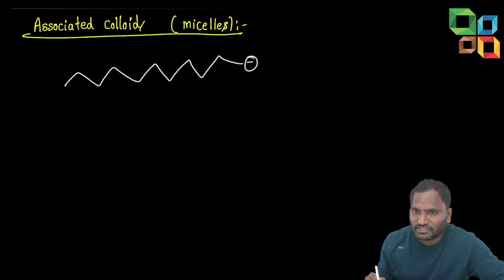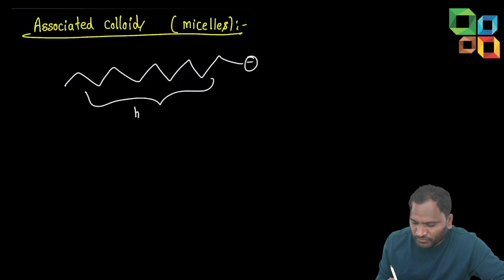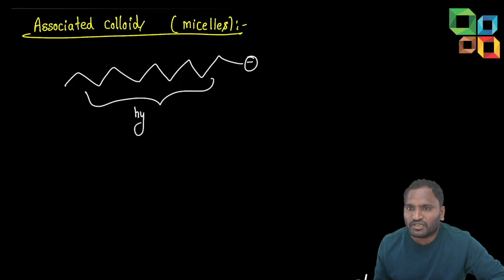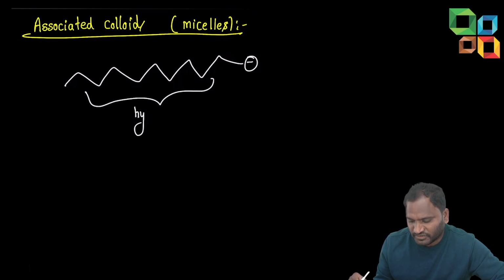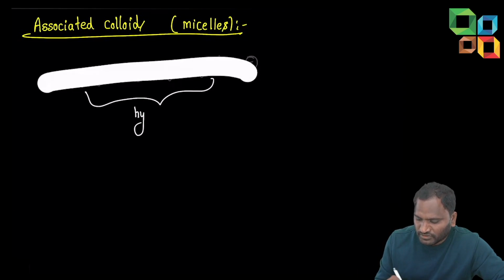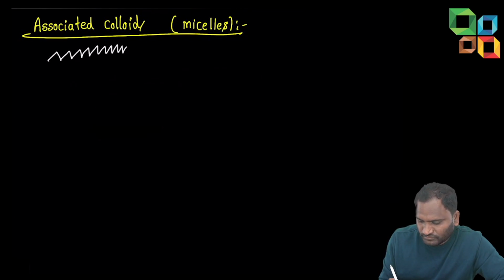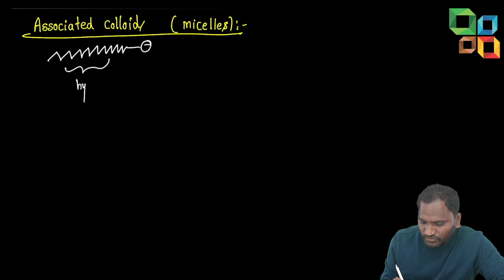I simply wrote it, it's not the exact number. This one is the hydrophobic part. Hydrophobic part is nothing but the hydrocarbon part. Hydrocarbons are not soluble in water. Phobic means hating. This part is called the hydrophobic part, which is not soluble in water.